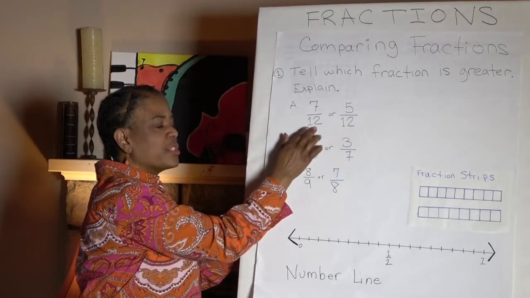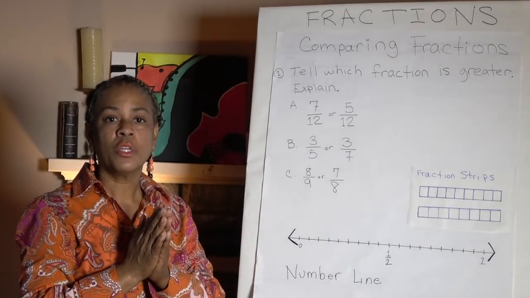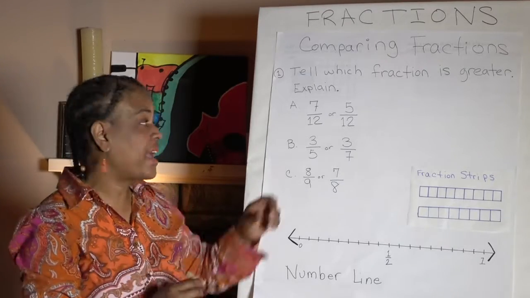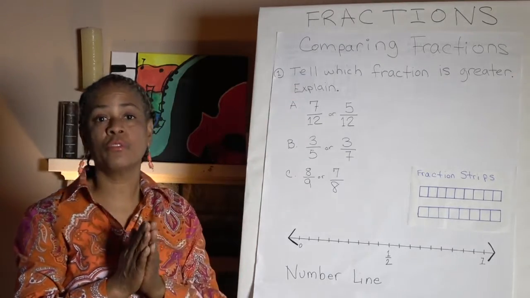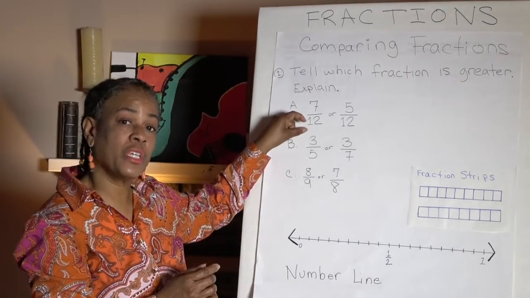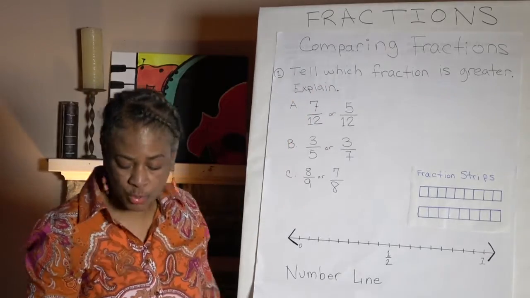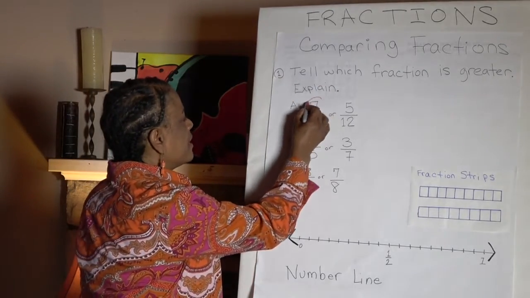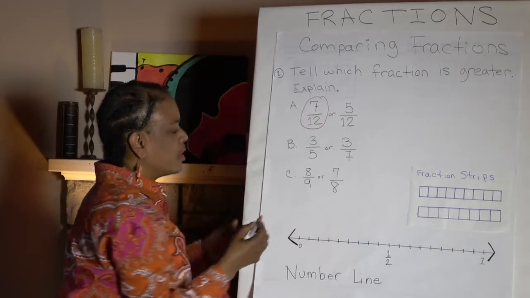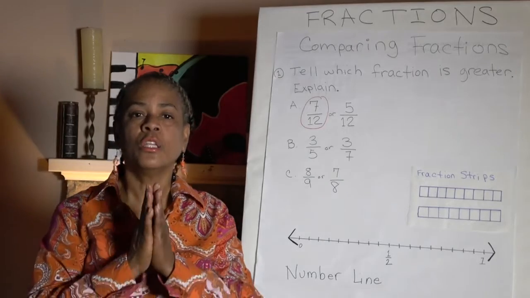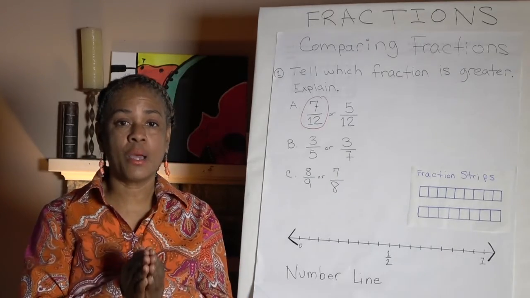So right away I know 7/12 is larger, because if they're the same size pieces, and I have more because the numerator tells you how many pieces. So I have 7 of those 12s here, and I have 5 of those 12s there. So I will circle that and say this 7/12 is larger. So that's one of the rationales, looking at the size of the denominators.